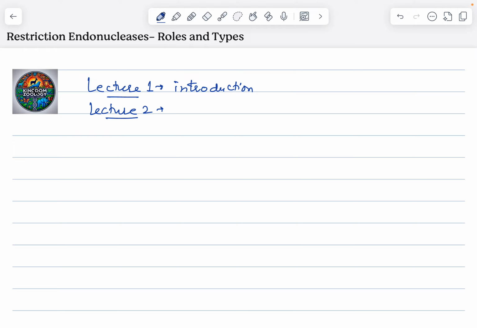So if I want to treat diabetes mellitus, what I would require is basically a desired product, that insulin, or maybe any other desired product, right? If I want a desired product, obviously I have to identify a desired gene that is going to code for this insulin or any product of my choice.